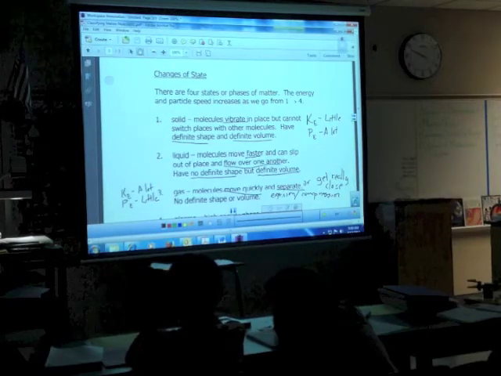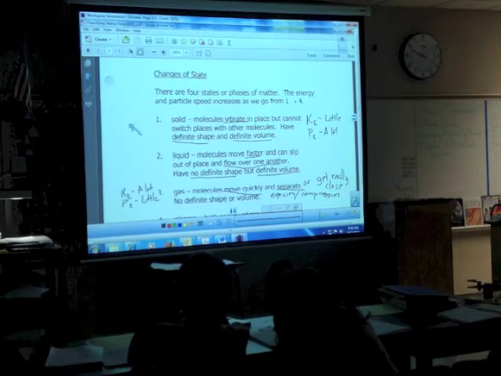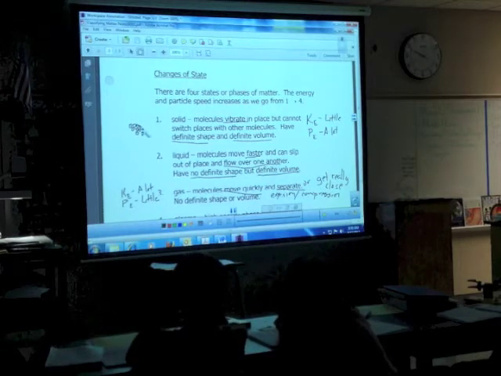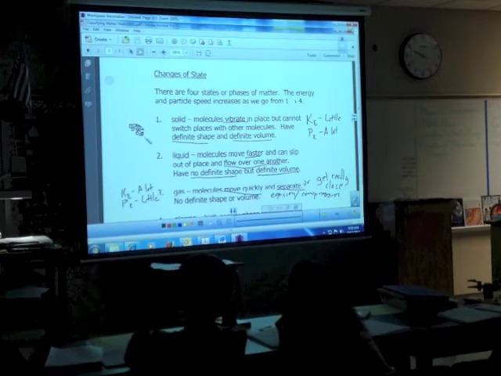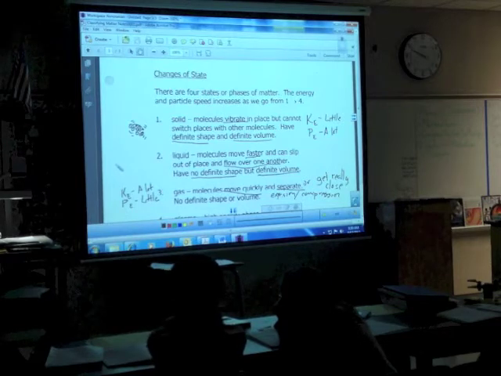Okay? So when we're looking at pictures, in a solid you would have particles that are really close together, correct? And what is the type of motion here? Just vibrating. Alright, then I have a liquid.